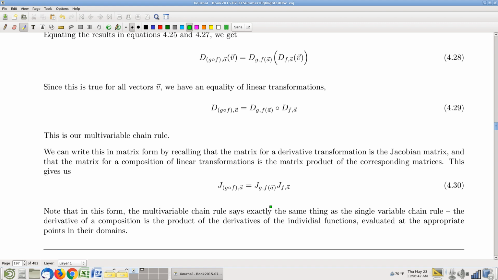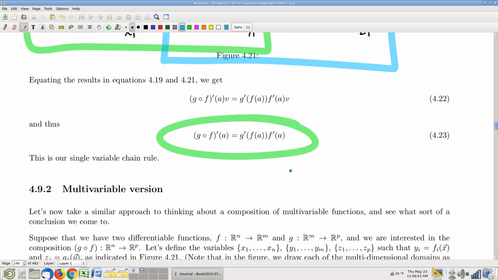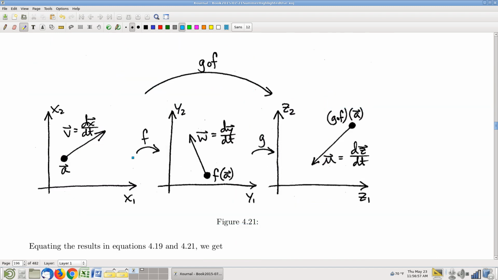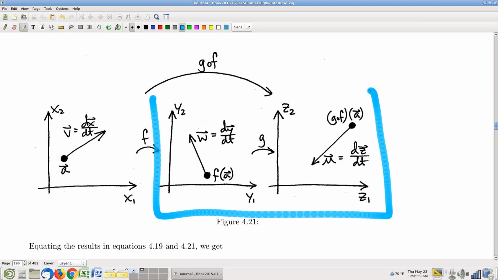Okay. Again, importantly, notice that, as the only thing that makes sense, g and its Jacobian are evaluated at f of a. Again, what else could it be? Right? Look at this picture. Here's g. g is being evaluated at f of a. a is way over here.